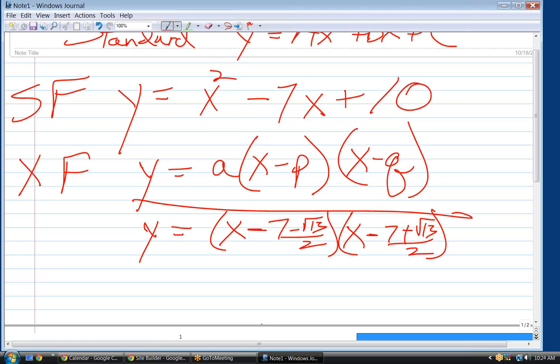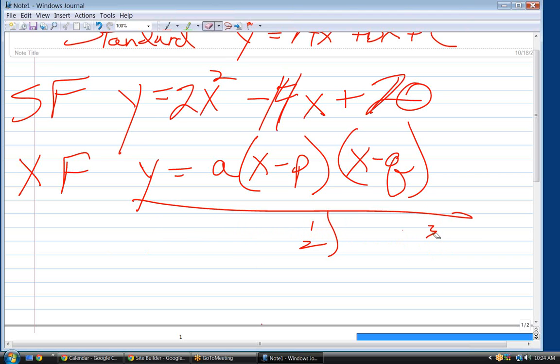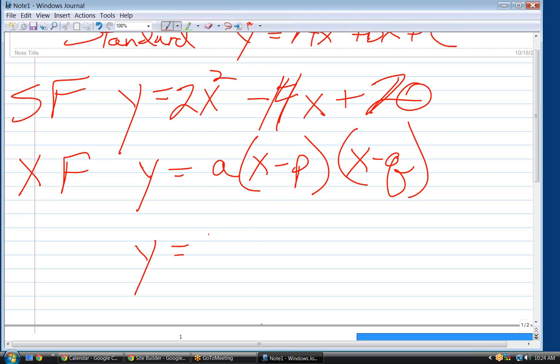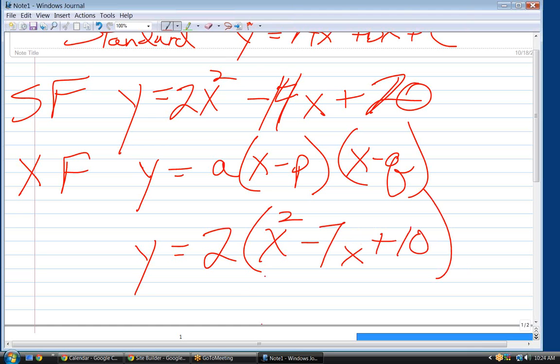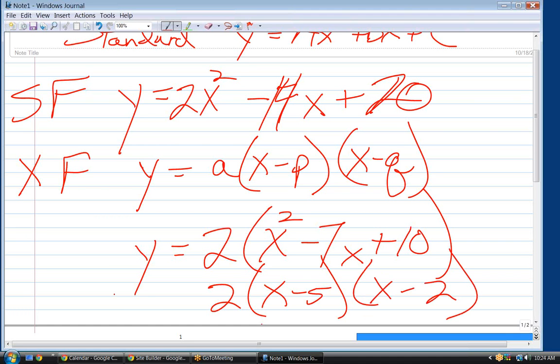And of course, let's make that 2, 14, 20. So if that was the question, which is far more likely to be one you'd get, then the first thing I can do with that is factor out a 2, right? Leaving behind this, and then when you factor that quadratic, you have the 2 times x minus 5 times x minus 2, and there is x-intercept format with an a that's not 1.